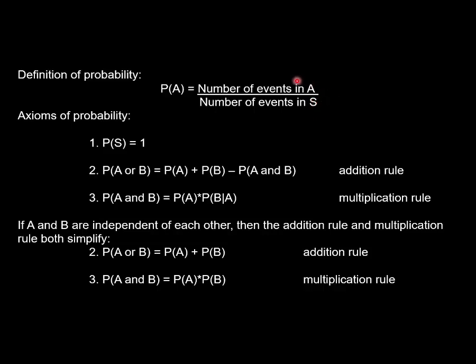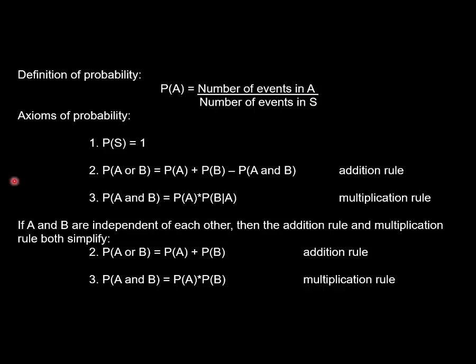So the smallest it could be is 0 if A is 0, and the biggest it could ever be is 1 if A is equal to S. A can never exceed S, right? Because S, by definition, is the total number of things that could possibly happen in the experiment.